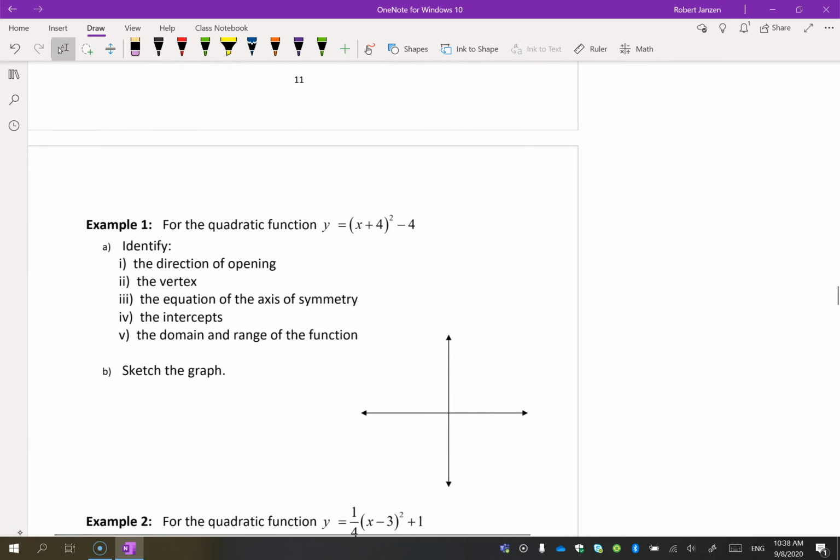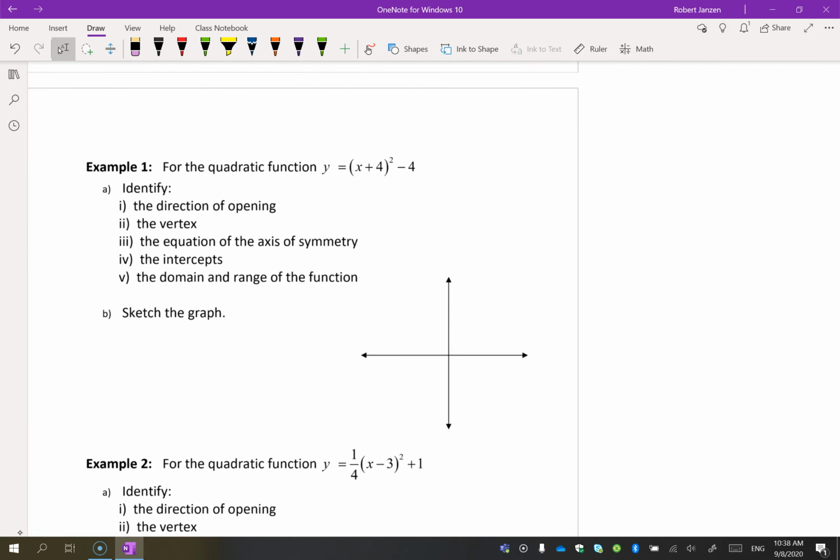Okay, so let's see how well you have figured this out now. We're going to take a look at this equation and compare it to this formula. All right, in this case, what is a? It's 1.